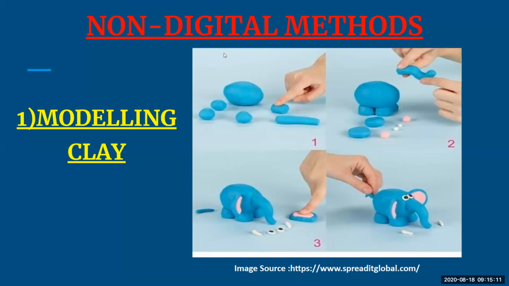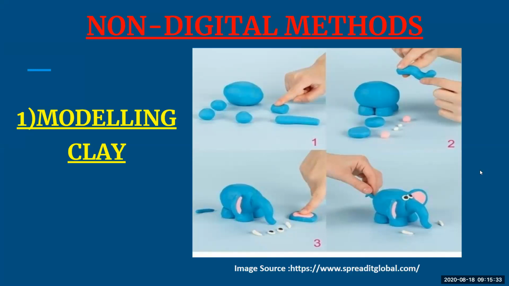Whatever you want to have as your external model, you can design easily with this modeling clay. The companies which are very good in this area and have been working well for years are Play-Doh and Plasticine. These are the two companies which are very renowned for modeling clay.